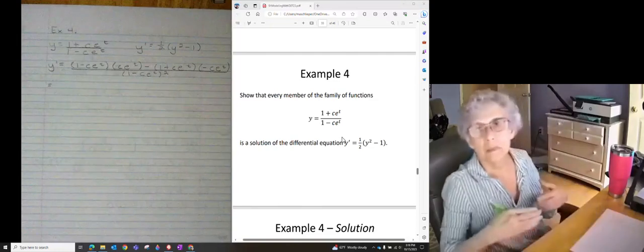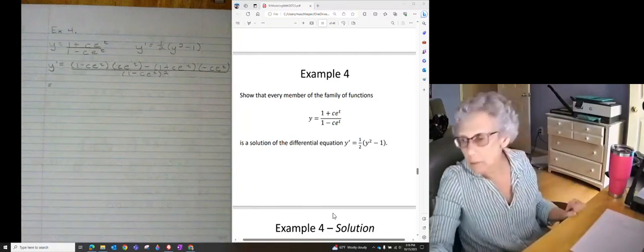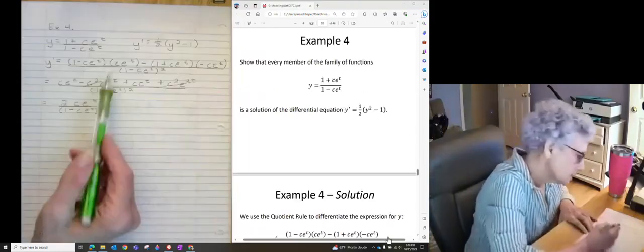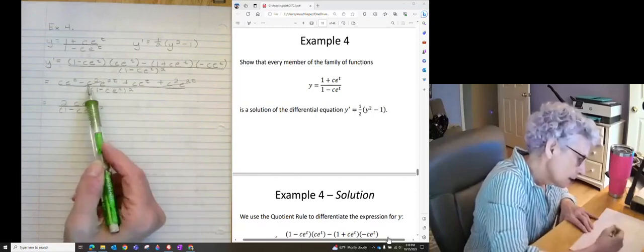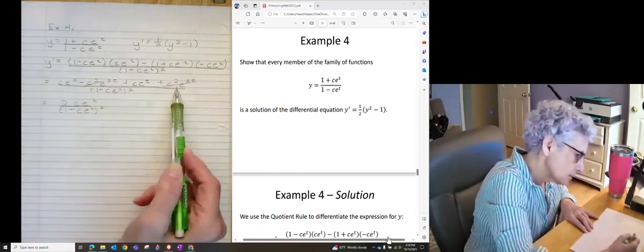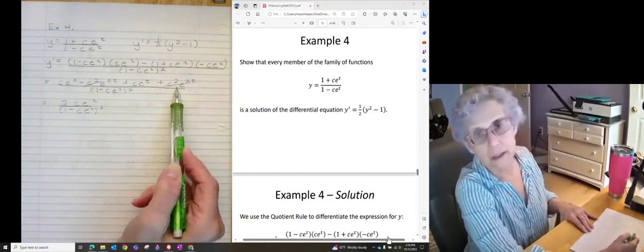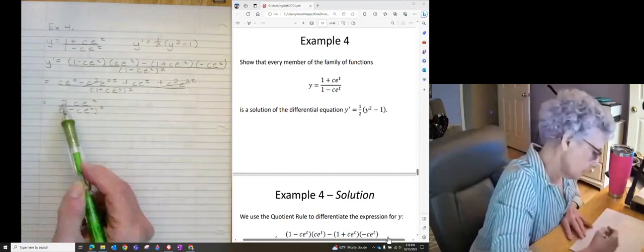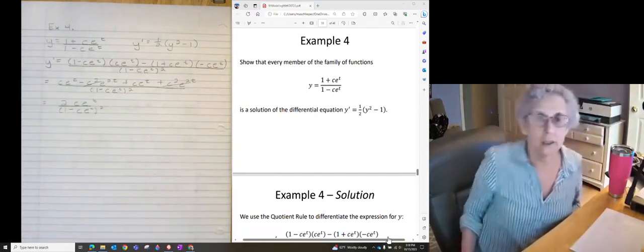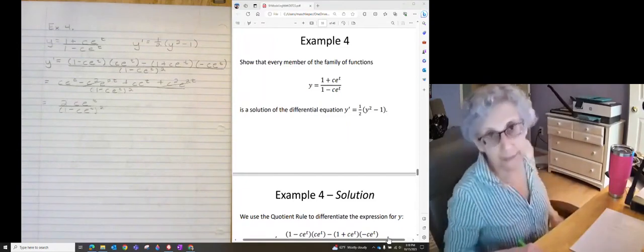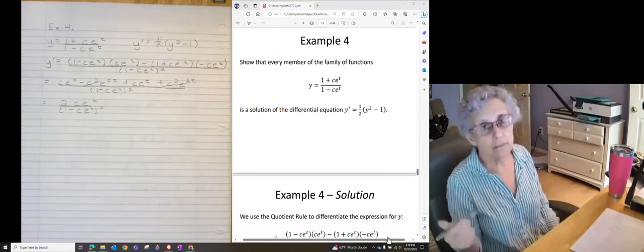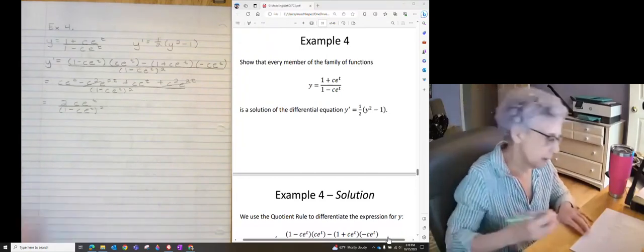So I'm going to do some simplifying and then I'll get back to you. Well, I distributed and I ended up with a minus c squared e to the 2t and a plus c squared e to the 2t. I ended up with just 2c e to the t over (1 minus c e to the t) squared. That does not jump out at me as being 1/2 of (y squared minus 1).